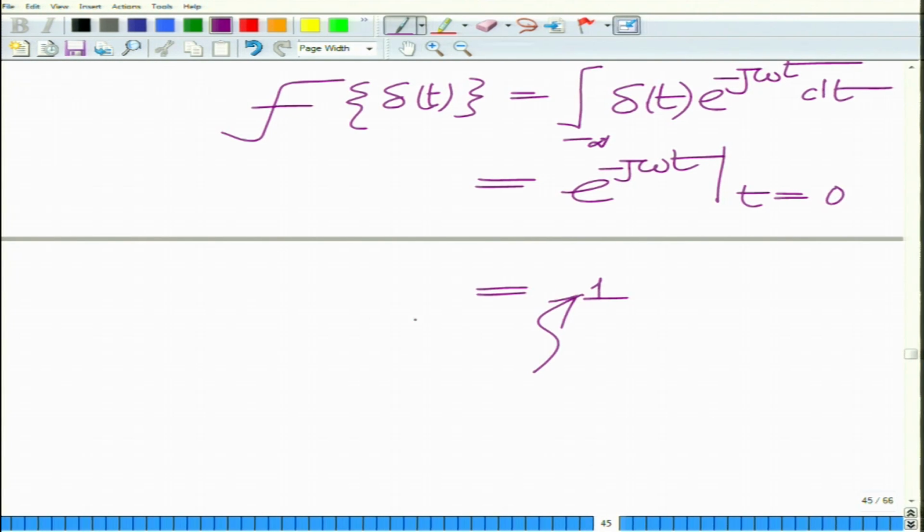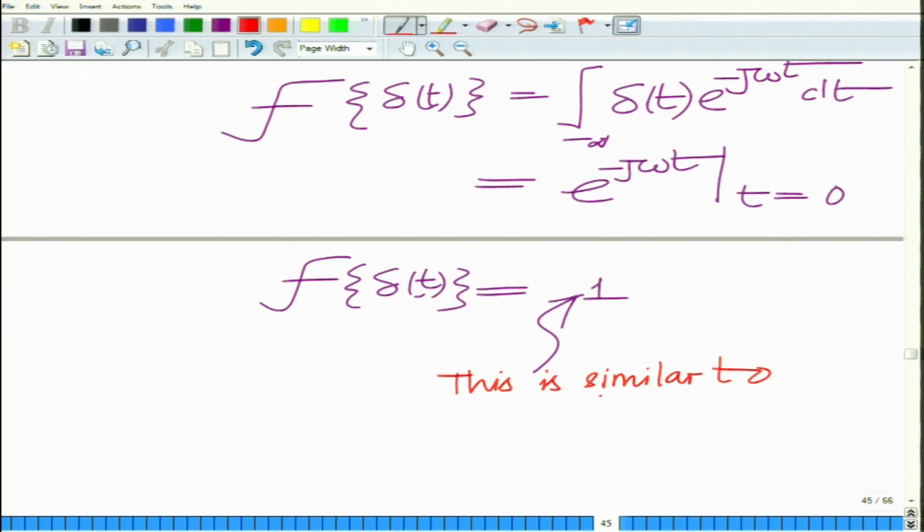and therefore, the Fourier transform of the unit impulse function is 1, and this is similar to the Laplace transform. The Laplace transform is unity, there is no s, so you do not need to replace s by j omega. The Laplace transform is unity, the Fourier transform is also unity, and also note that the delta function is absolutely integrable.